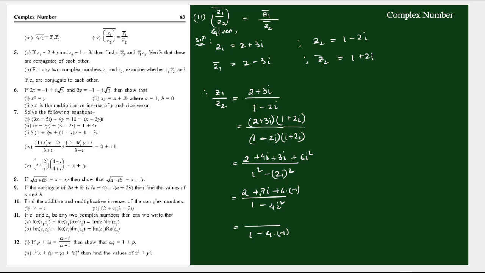So minus 6 plus 2 is minus 4 plus 7i. And here we got 1 plus 4. Minus 4 plus 7i, this will be minus 4 plus 7i by 5. And if we divide it, we get minus 4 by 5 plus 7i by 5.